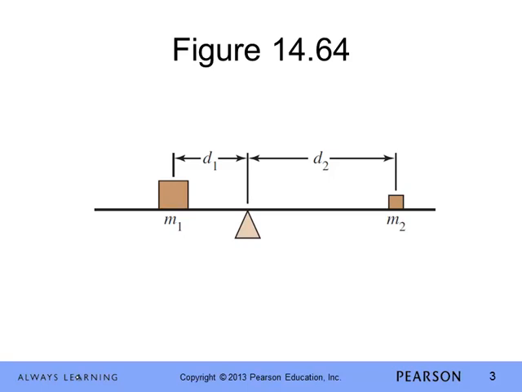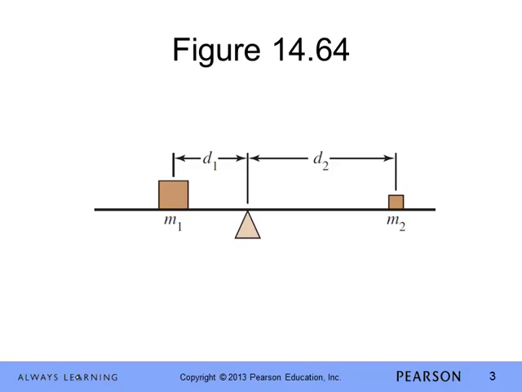We want one mass times its distance from the center to be the same as the other mass times its distance from that center. So mass times distance is equal to mass times distance, and then we solve for that location.